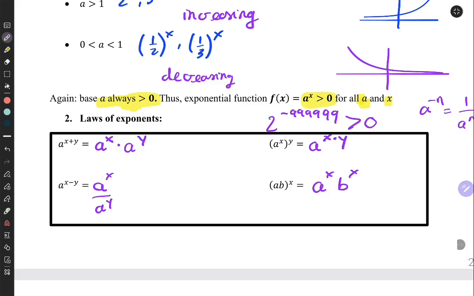Same exponent, different base: you can combine this. Same base, different exponent: you can do it like this.